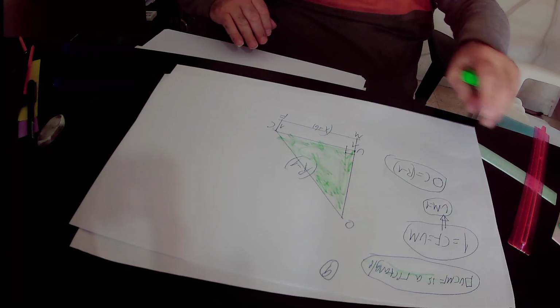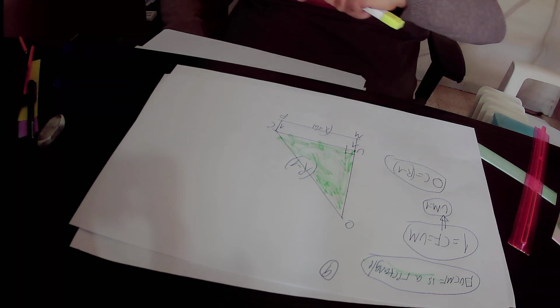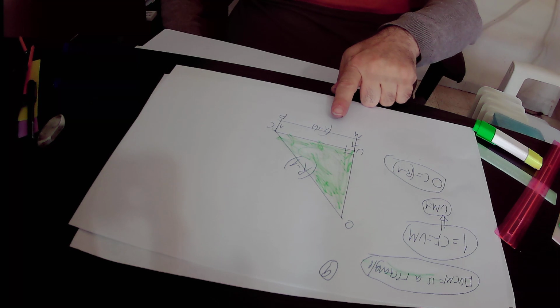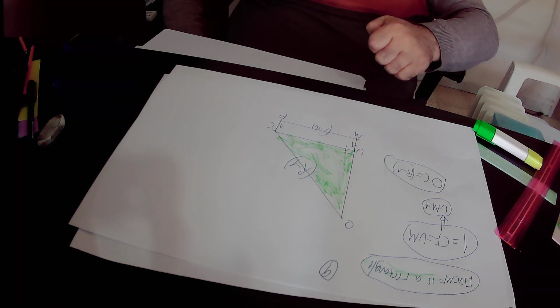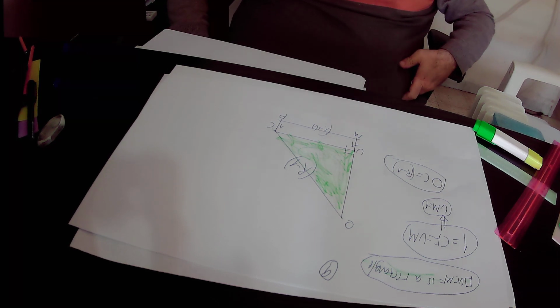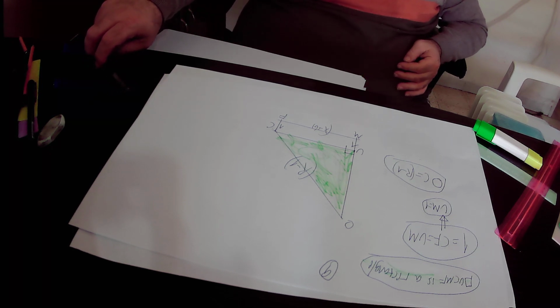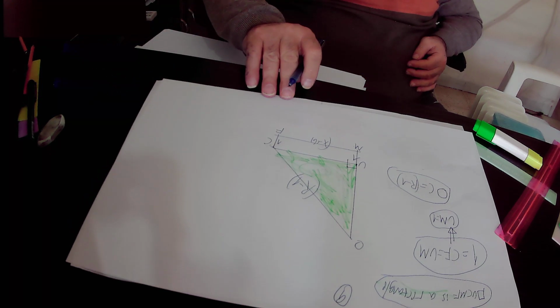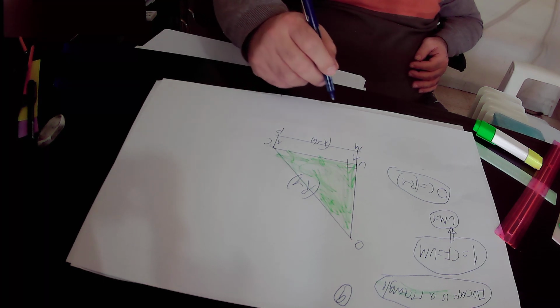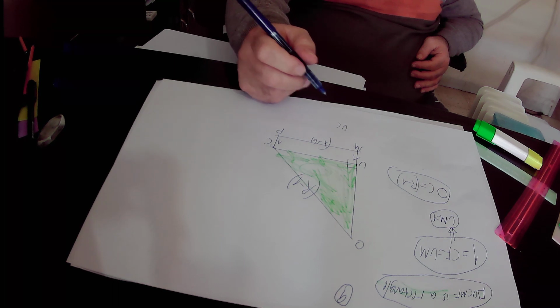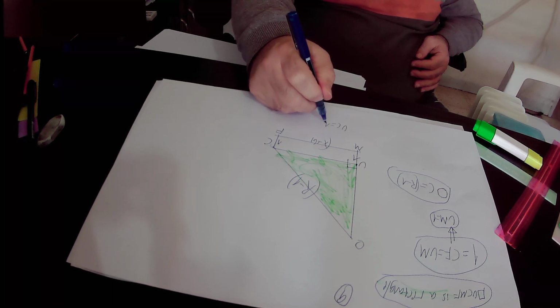So we know this is the right triangle OUC. We know that quadrangle UCMF is a rectangle, so in rectangle UCMF, the opposite sides are equal to each other. That is to say, UC is equal to MF.